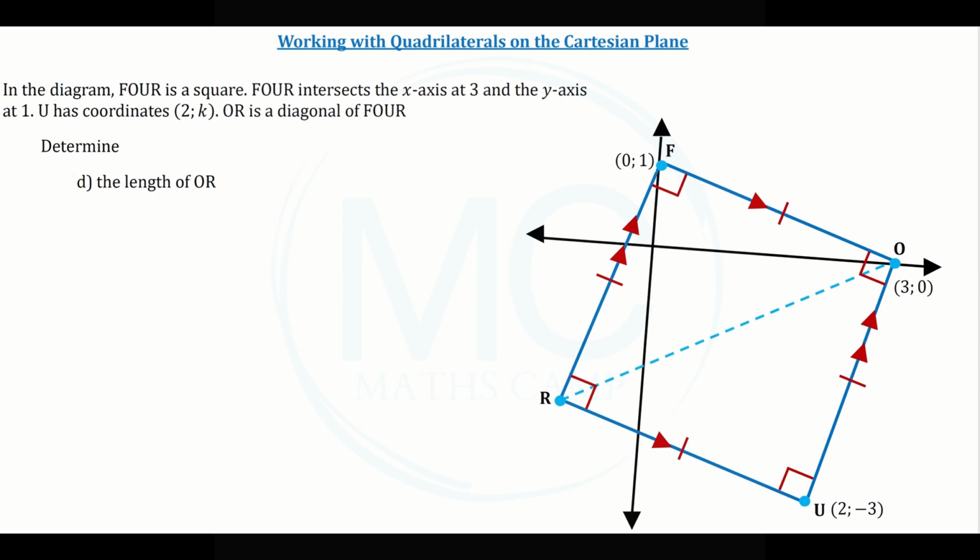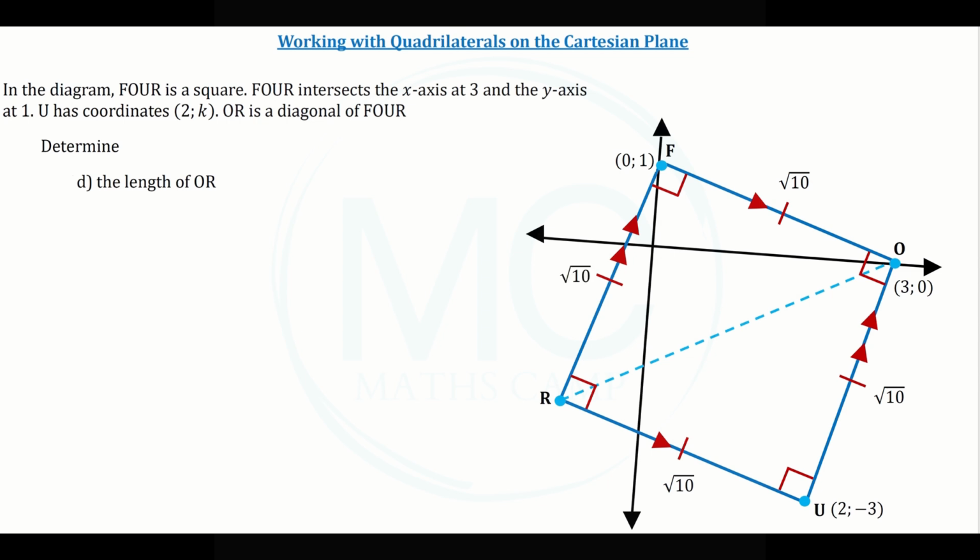Determine the length of OR. Now, OR is a diagonal of the square, but without the coordinates of R, we cannot use the distance formula. But in part B, we found that FO is square root 10 units long. We are working with a square with 4 equal sides. This means that every side has a length of square root 10 units.